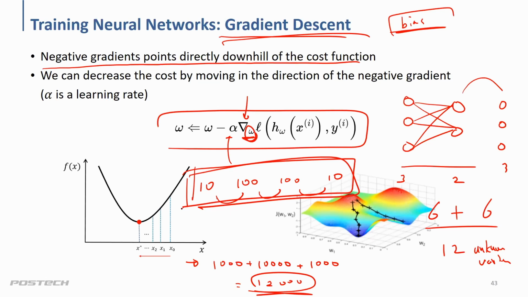The reason I'm mentioning this is to think about the complexity of a neural net. Even though this is just a simple model, these are the numbers of unknown parameters that we need to estimate. It kind of exponentially explodes. So it's a lot of unknown parameters that we need to figure out.